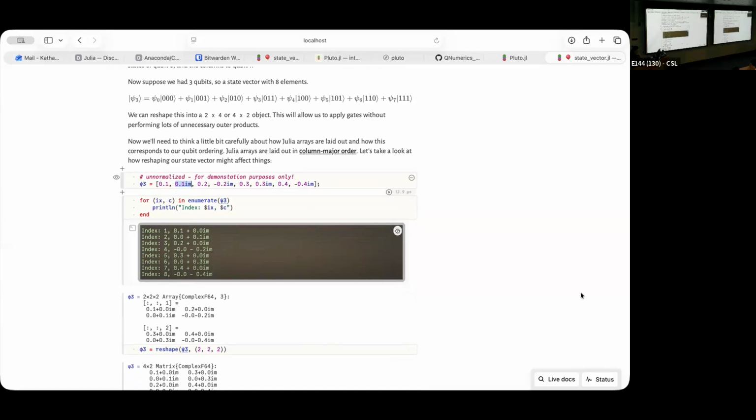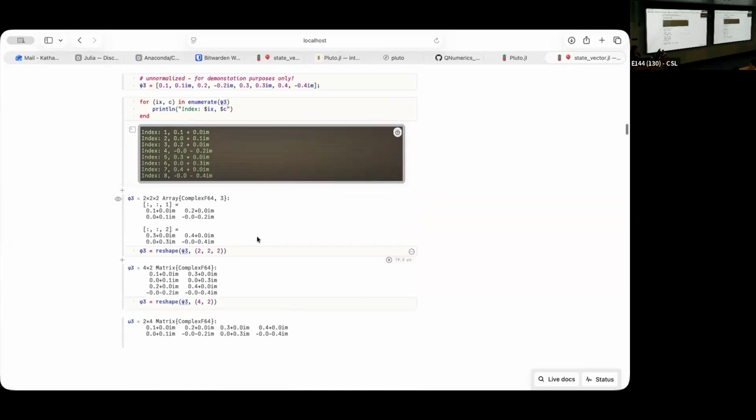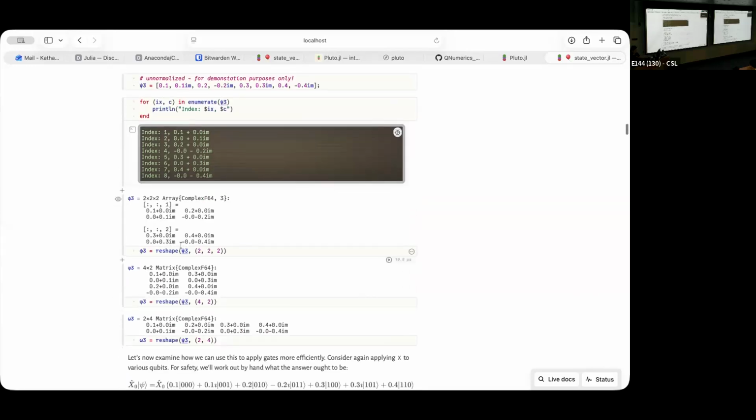Seems reasonably simple. And then if I start reshaping this vector into different shapes, either a 3 tensor or 4x2 or 2x4, you can see how the first or second dimension is represented, but underneath the hood with this linear indexing, the underlying memory layout is still the same.